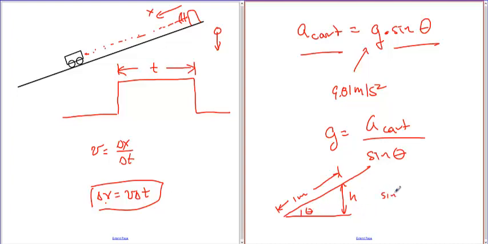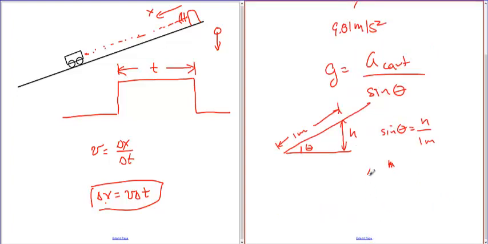So the sine of theta is going to be equal to the opposite over the hypotenuse. So we can then calculate theta. Theta is going to be the inverse sine of h in meters. So we'll do that so that we can compare the angle measurement from geometry versus the angle measurement from using this angle indicator. And that's all.